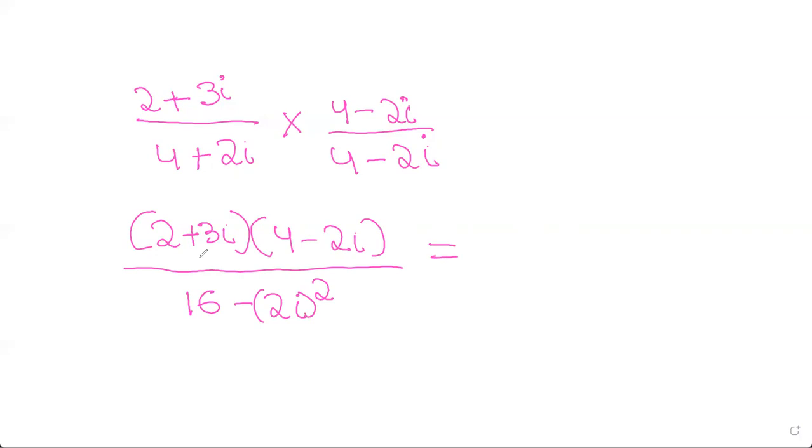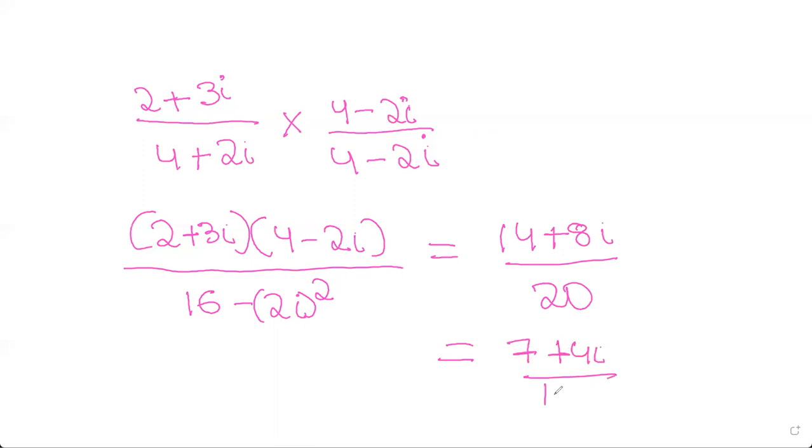So now if we just expand the numerator, we get 14 plus 8i. 14 plus 8i divided by 16 minus of minus 4, which is 16 plus 4. So it's 14 plus 8i divided by 20. If we take 2 common from the numerator and denominator, we can write this as 7 plus 4i by 10. So 7 plus 4i by 10 is the value when you divide 2 plus 3i by 4 plus 2i.